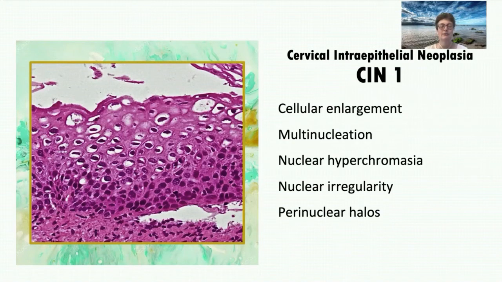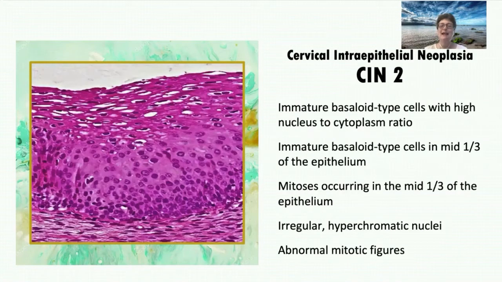The perinuclear halos, nuclear irregularity, and nuclear hyperchromasia are typical of CIN1, but the basal cells are confined to the lower third. Here we have CIN2. It looks somewhat similar, but the immature type basal cells now are filling up the gap between the 1/3 and 2/3 marks. So it goes up to 2/3 thickness for these basal cells.